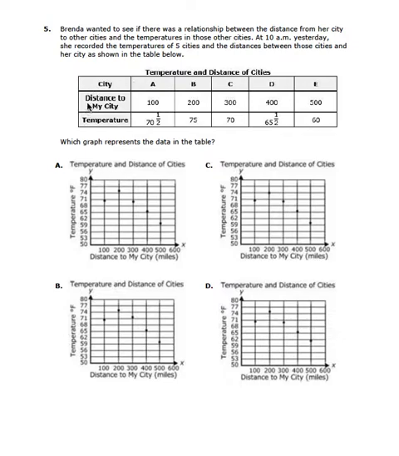City. Distance to my city. Temperature. A, B, C, D, E. Which graph represents the data in the table? Yes, I apologize that these graphs are so blurry. Scatter plot A, scatter plot B, scatter plot C, or scatter plot D.